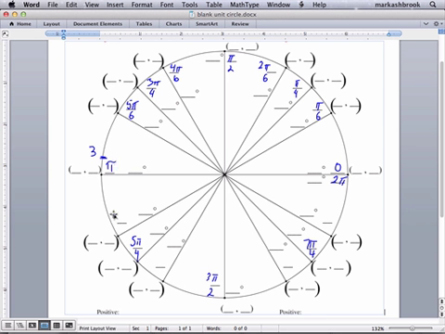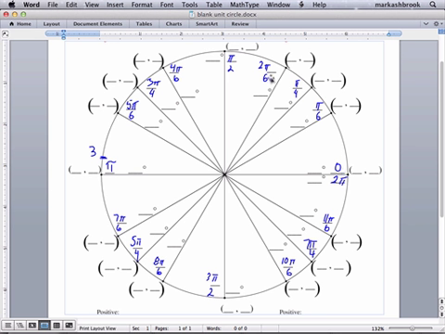Yep. This one? 7, 8, 9 pi over 6. Does it make sense at the bottom? 10. All you have to do is know how to count. 11, 12 pi over 6. Always check with the ones you've done before. 12 pi over 6 is 2 pi.